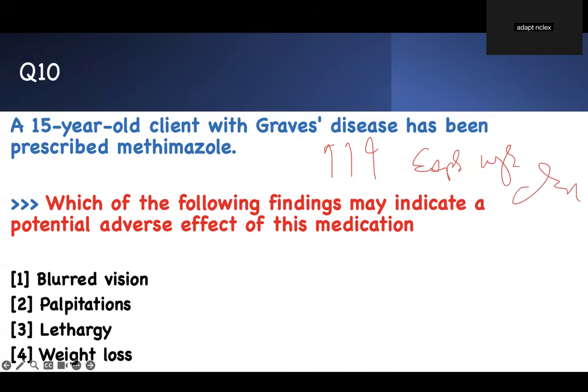That means that is what I should see. If I give you methimazole, your symptoms should try to normalize. If it's still the same, that means it's not working. But if I see something worse than what I'm treating, it's a prioritization. Remember, if you have Graves' disease and I give you methimazole, I can turn you into hypothyroid.